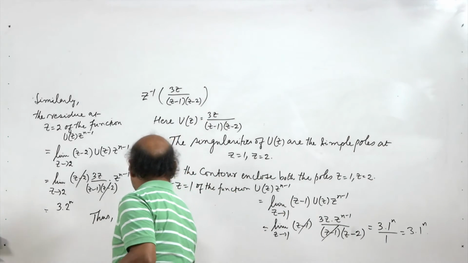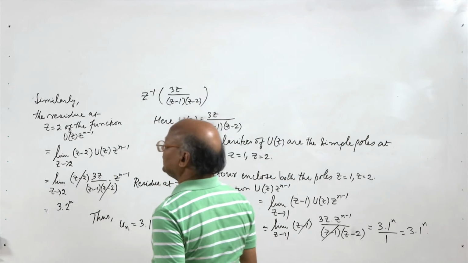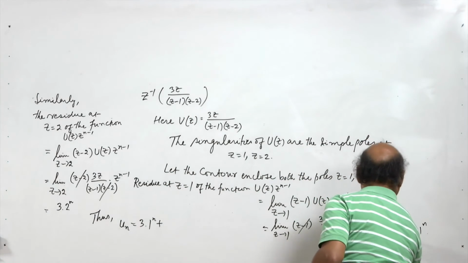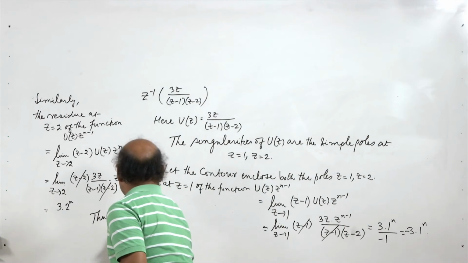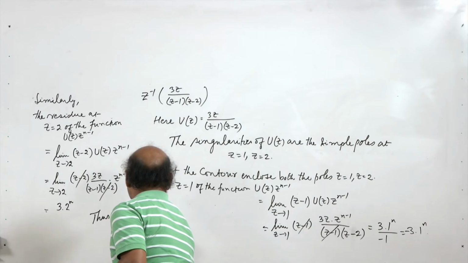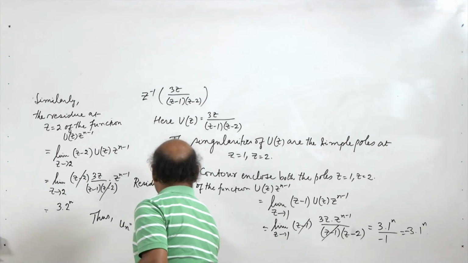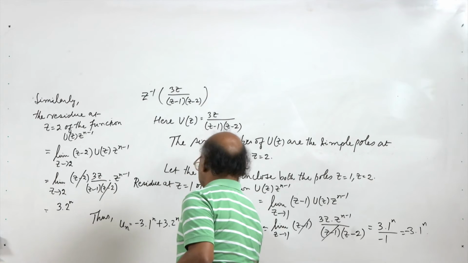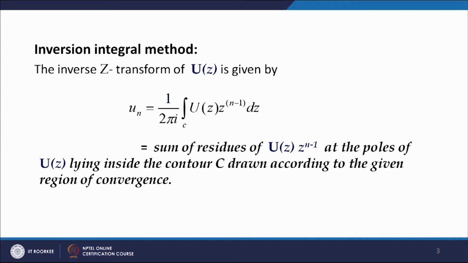So, minus 3 into 1 to the power n plus 3 into 2 to the power n. So, we can write it as 3 times (2 to the power n minus 1). So, this is how we can find the sequence u_n by using the inversion integral method.